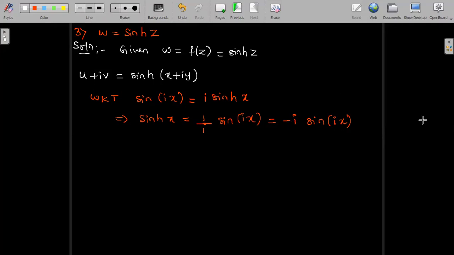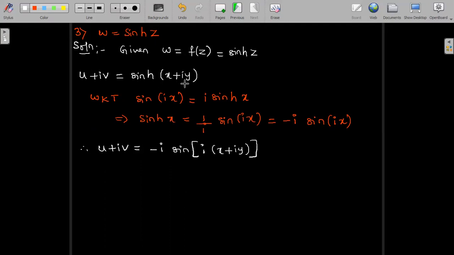So this gives us the expression for u plus iv now. Therefore, u plus iv will now become minus i into sine of i into x plus iy. Let me explain this once again. In place of x, we have x plus iy.